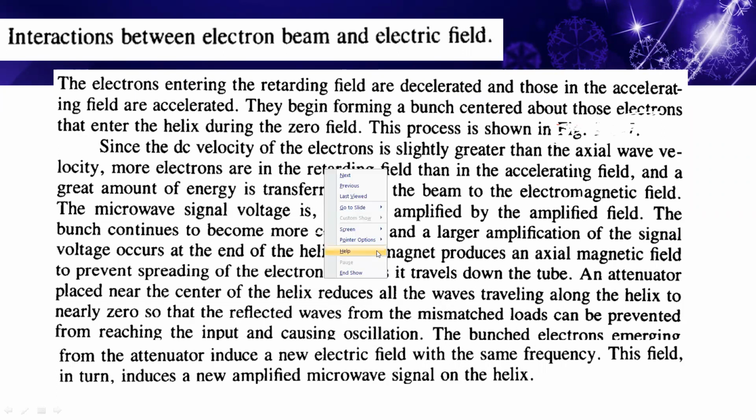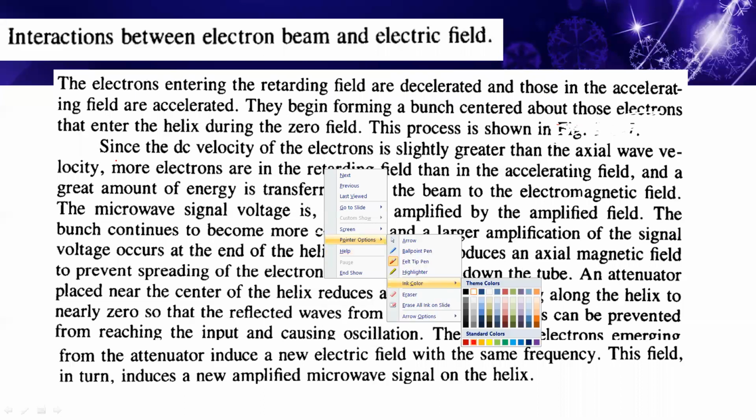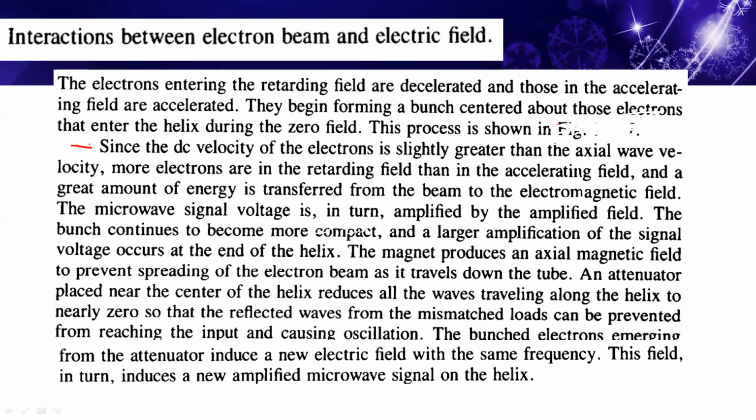Let's come to the next point here. When the DC velocity of the electrons is slightly greater than the axial velocity, more electrons are in the retarding field than in the accelerating field, and a greater amount of energy is transferred from the beam into the electrical field.